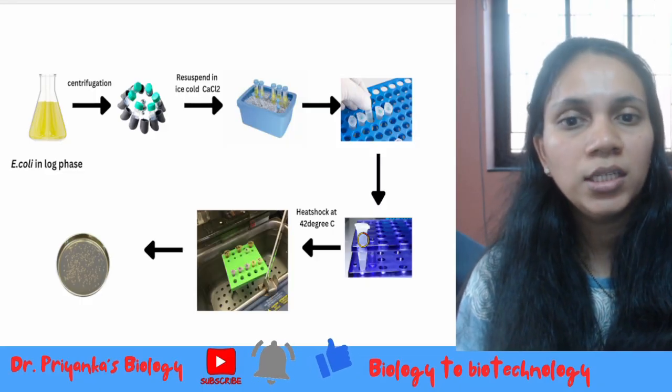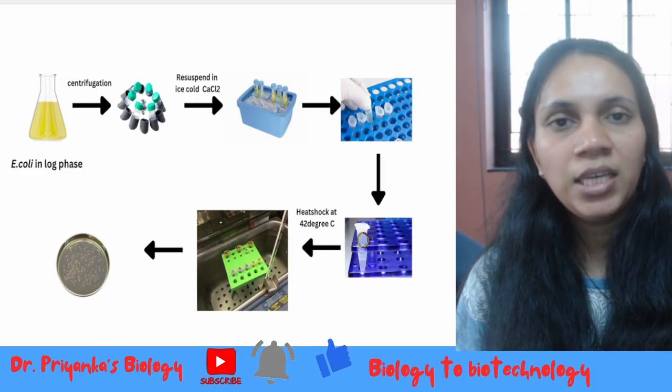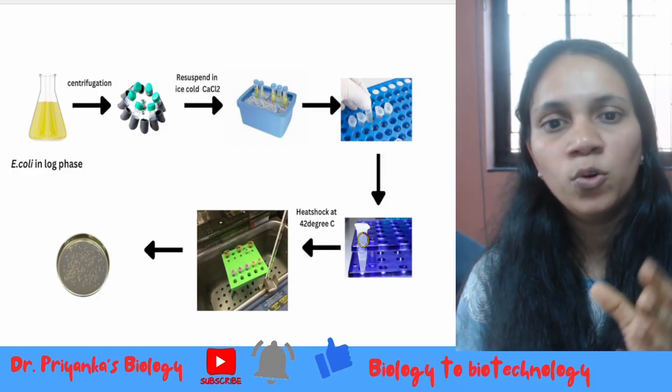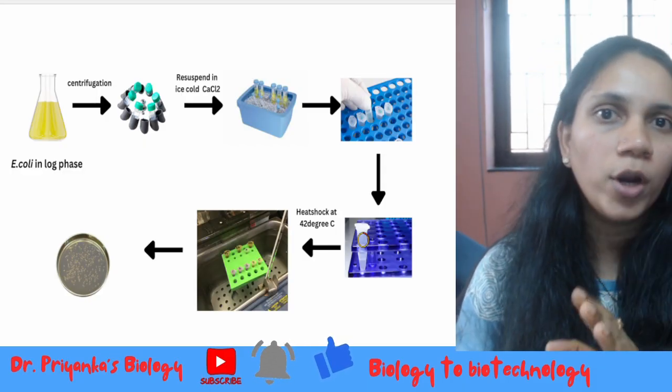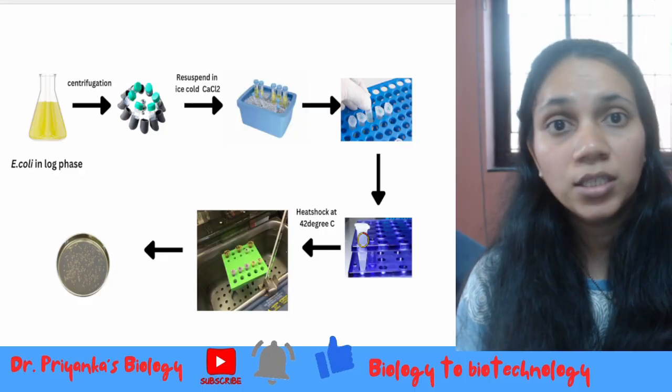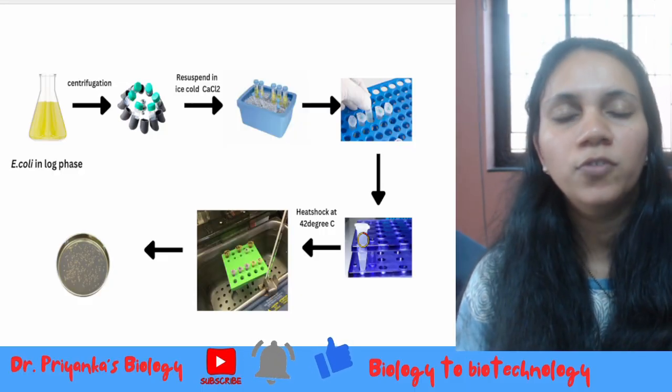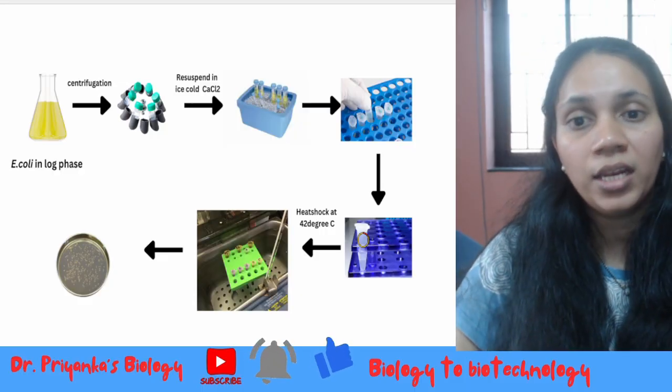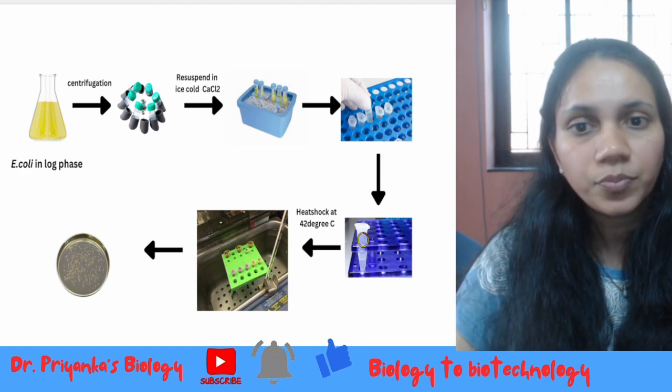So here normally we see that the OD at 600 nanometers should be somewhere around 0.4 to 0.9. So that is the ideal situation when we can harvest the cells.